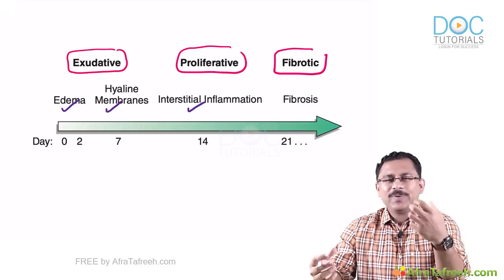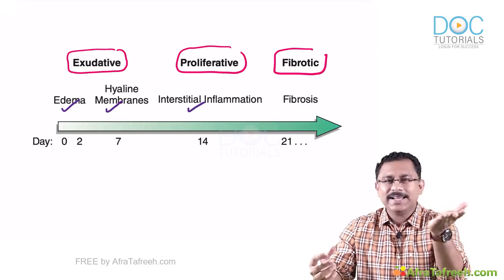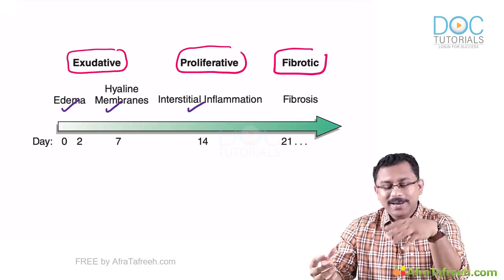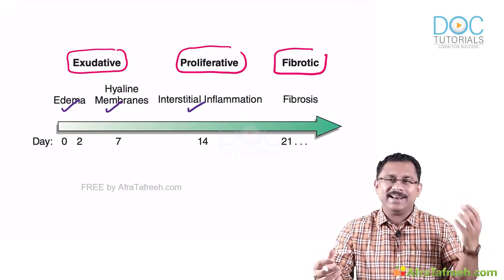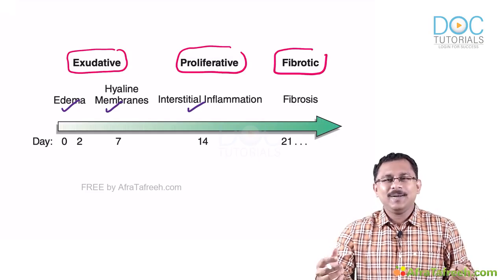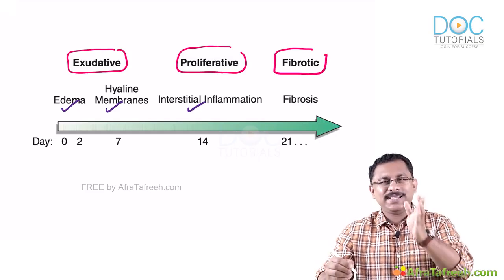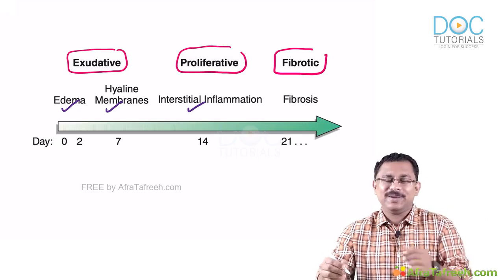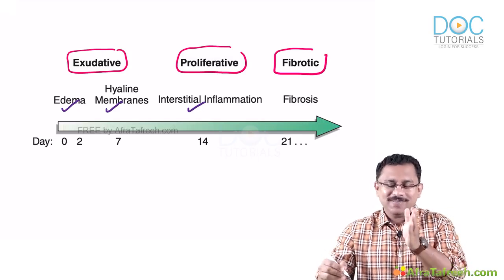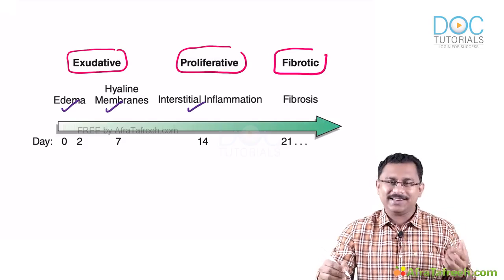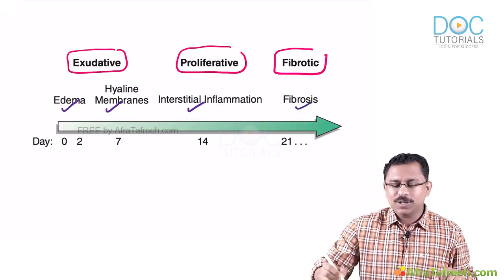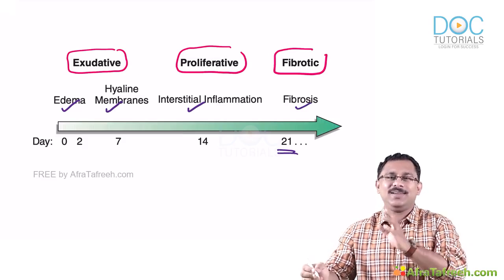Now let me again remind you that this interstitial inflammation predominates in the proliferative stage. In the exudative stage, it is the alveolar inflammation that predominates, and in the proliferative stage, you will have the interstitial inflammation. That is why I told you, even in the proliferative stage, the disease process is still active. And then it goes to the fibrotic stage beyond 3 weeks.